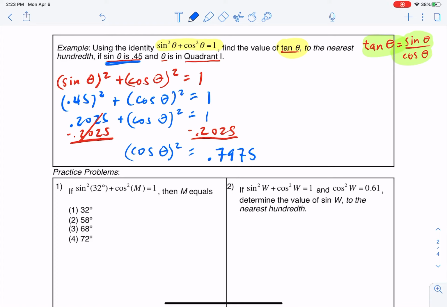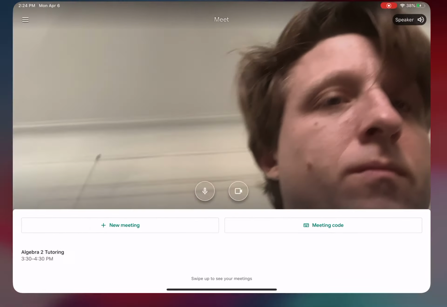All right, now we want to treat this cosine of theta as though it's a variable. So to solve for that variable, we're really going to want to take the square root of both sides. So that's going to cancel out my squared on the left side, and I'll have cosine of theta equals, let's go ahead and find the square root of 0.7975.